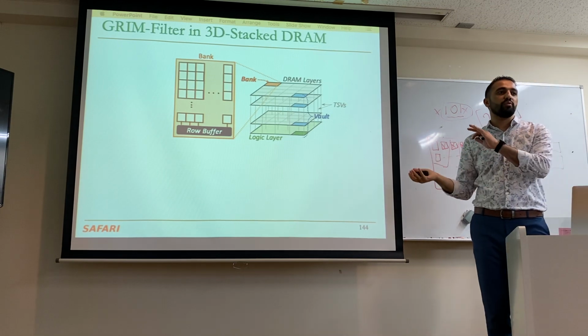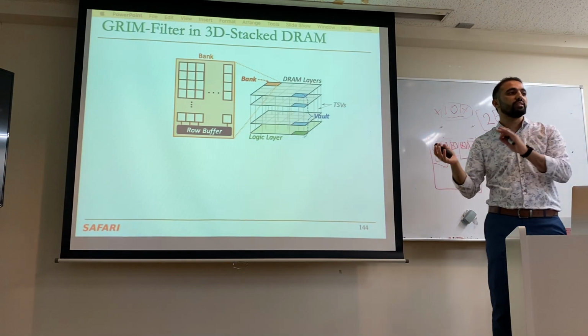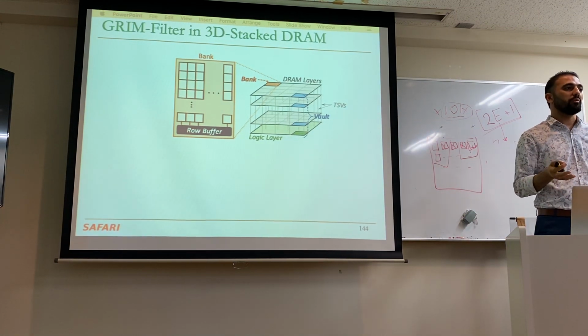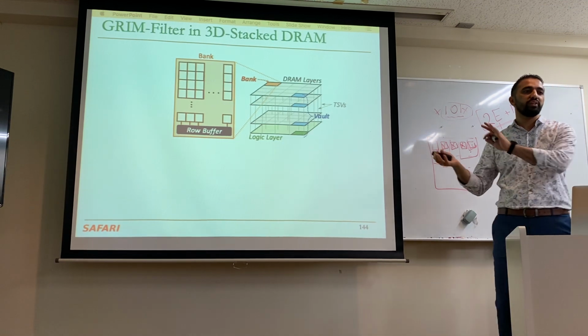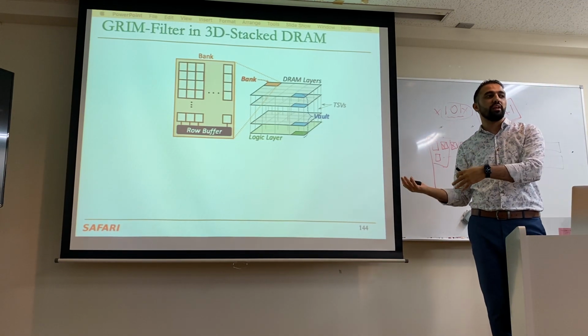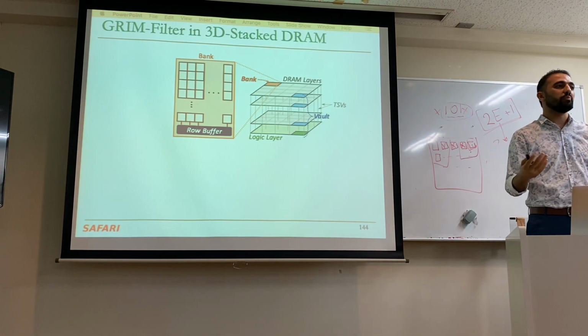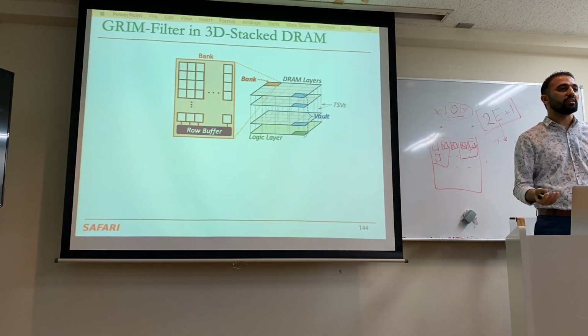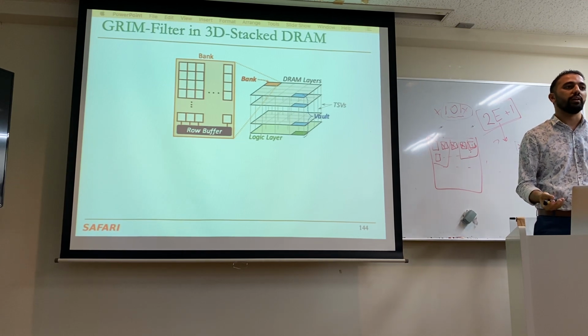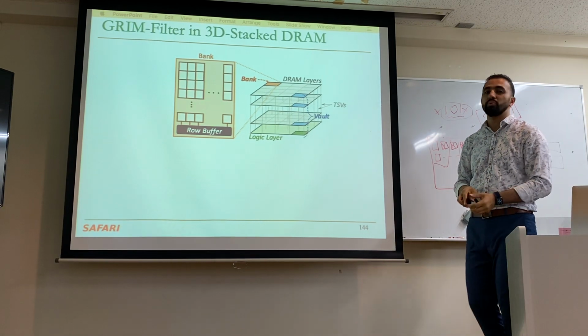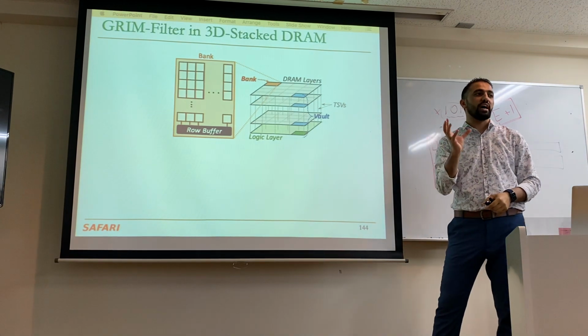So based on this information, we decided to redesign the hash table. The hash table by itself is huge, and we cannot fit it here, because to leverage the full bandwidth of this memory, our hash table should be implemented bitwise, meaning 0, 1, 0, 1, 0, 1, and so on. Why is that? Because we want to reduce the size of the hash table.